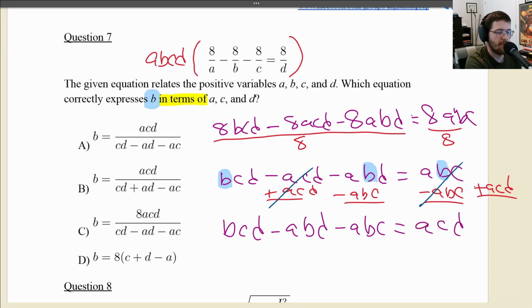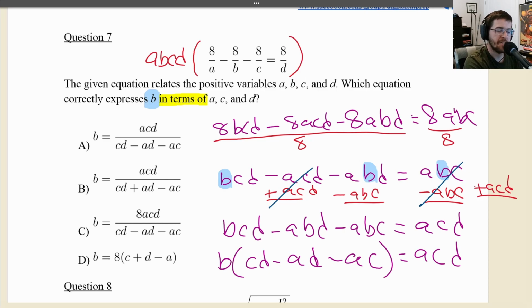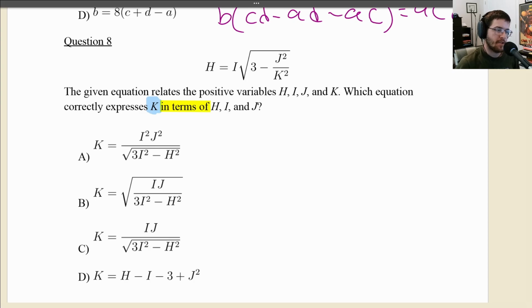Now we're going to pull out a common factor of B: CD minus AD minus AC equals ACD. And then we're going to divide both sides. I'm running out of space here, guys. It's looking like ACD over that big mess, CD minus AD minus AC, which is choice A. Okay, question 8.